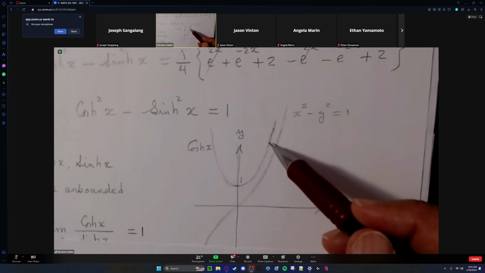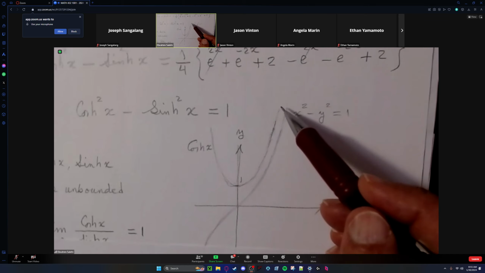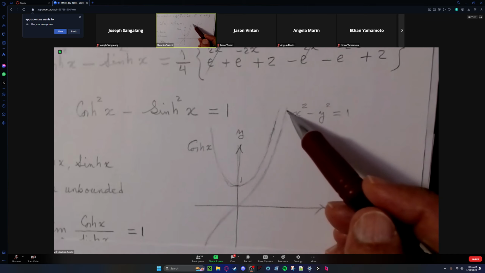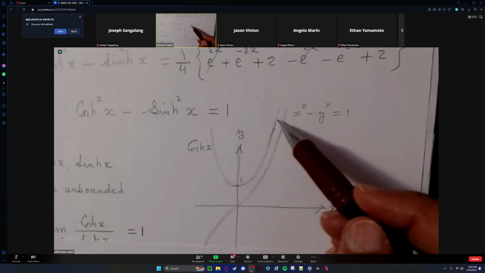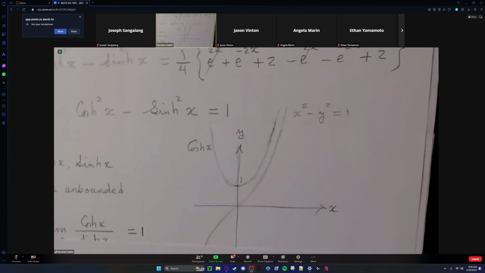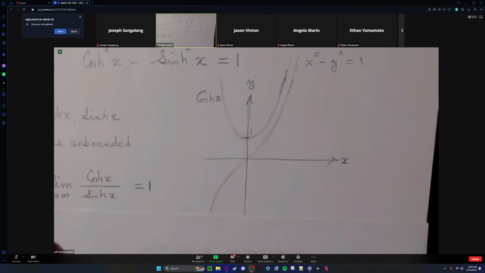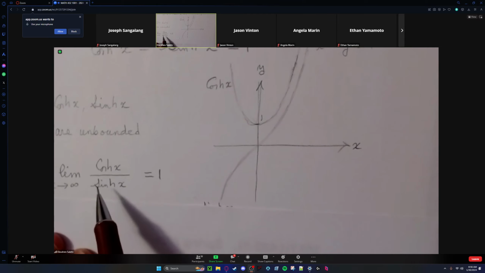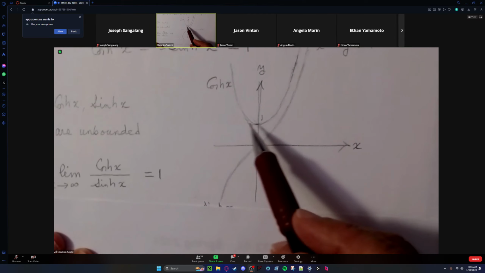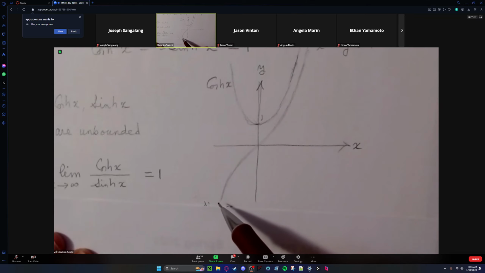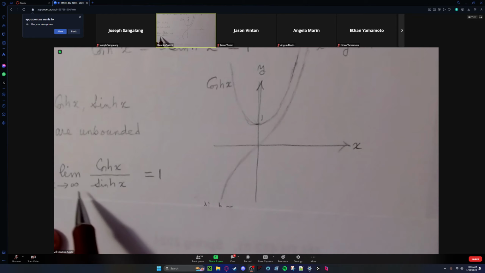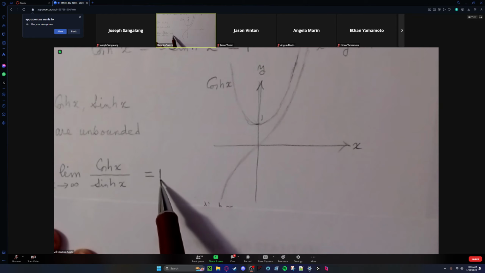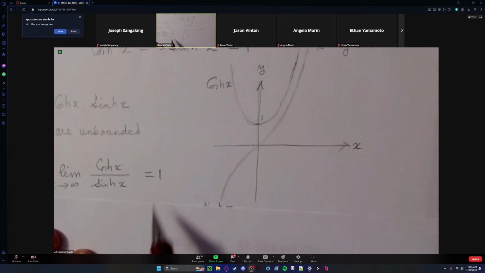I mean, these two branches get extremely close to each other. They never touch, but get extremely close, and that asymptotic behavior means this: if you take the limit of cosh divided by sinh, or the other way around, doesn't matter, as x approaches infinity, you will get 1, right? You will get 1.